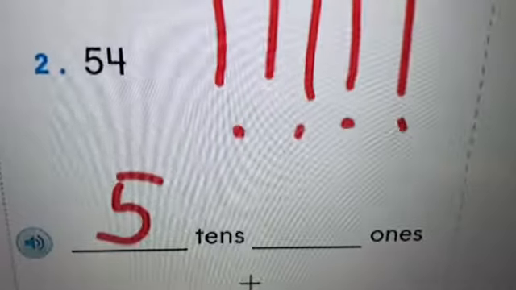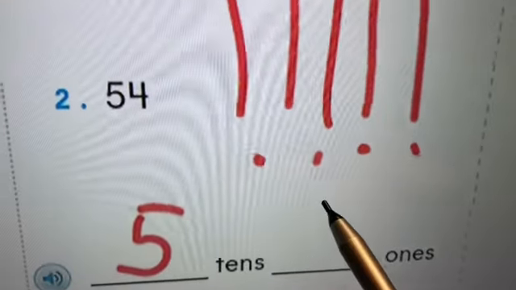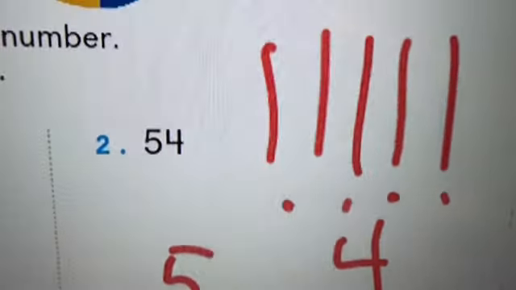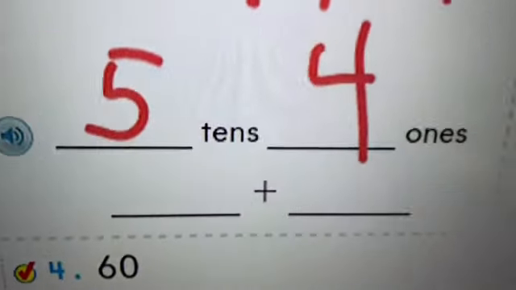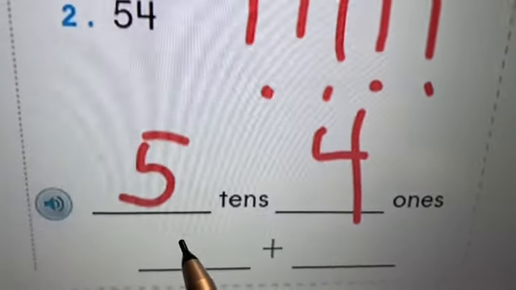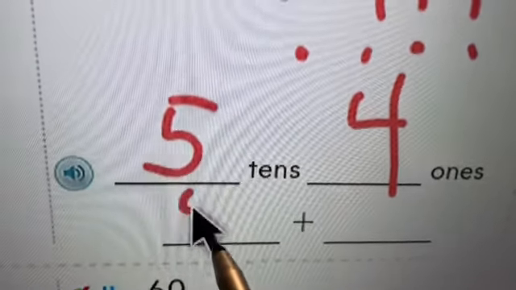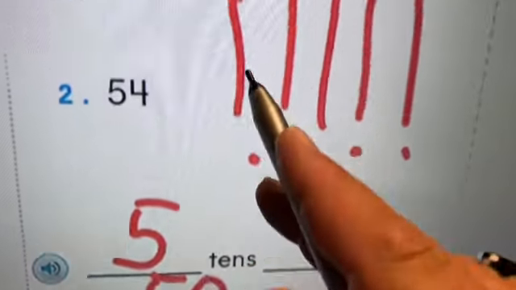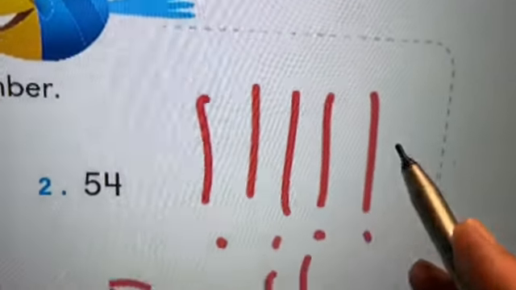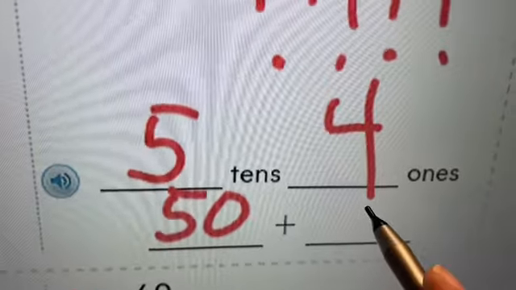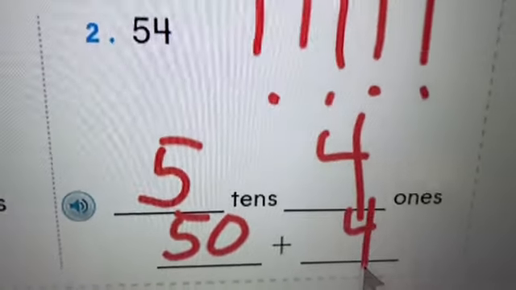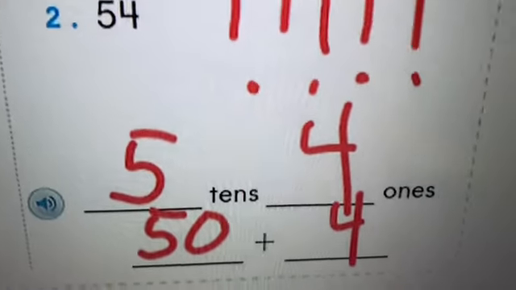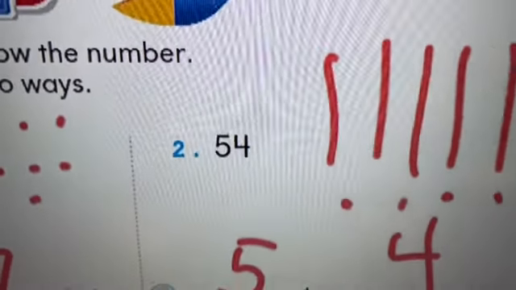And how many 1 cubes? I used 4. And the value of 5 tens is 50. Remember, 10, 20, 30, 40, 50. And the value of 4 ones is 4. You add these together and the sum is 54.